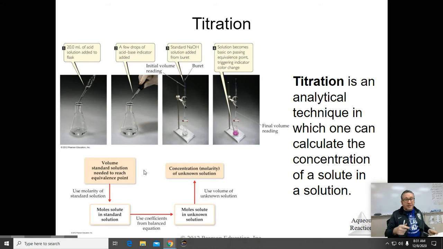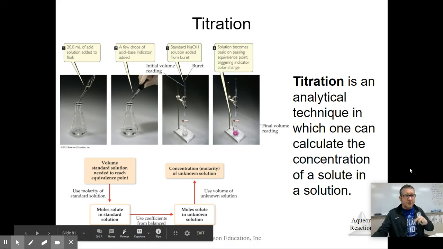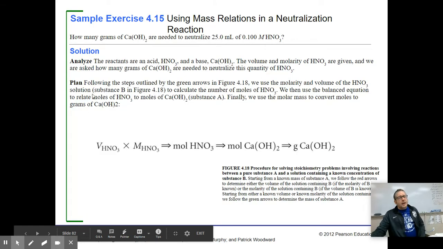If you do not have a balanced chemical equation, you're not going to be able to solve for this, because you need to use the mole ratios between the substances in the reaction in order to go from moles of A to moles of B, okay? So let's take a look at our first sample problem here.